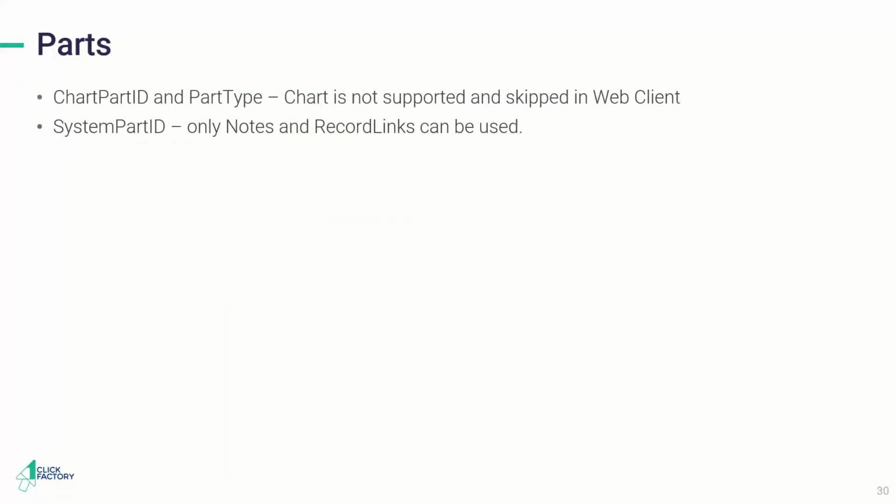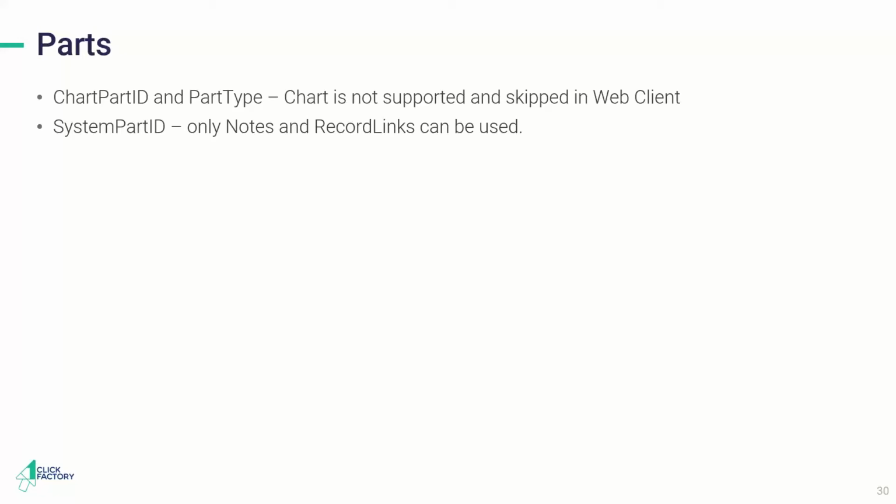Parts, chart part ID and part type are not supported in the web client. They were used in Windows client as native functionality to show charts from lists, but currently it's not working anymore. But again, you can expose data and page and send it through API, use Power BI functions, which are showing deeper charts.